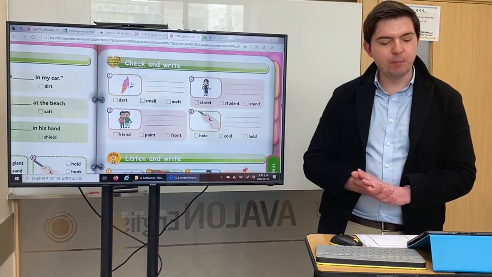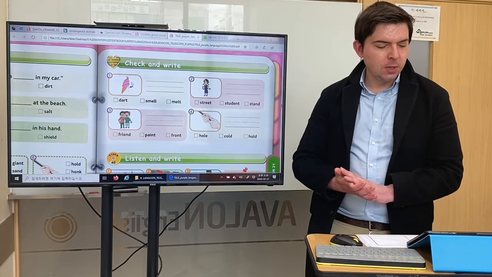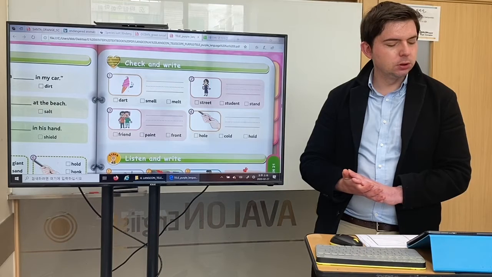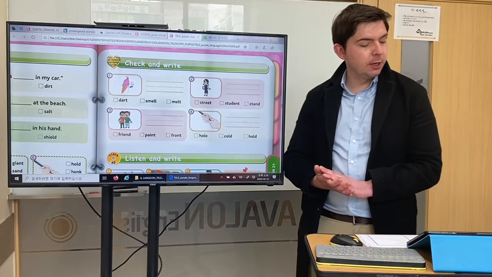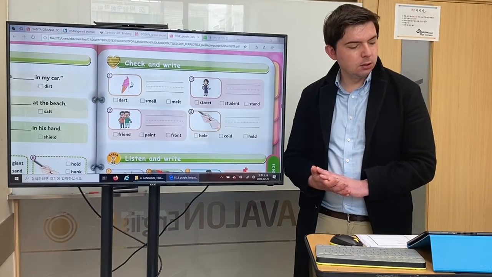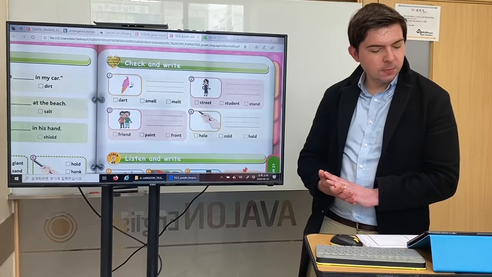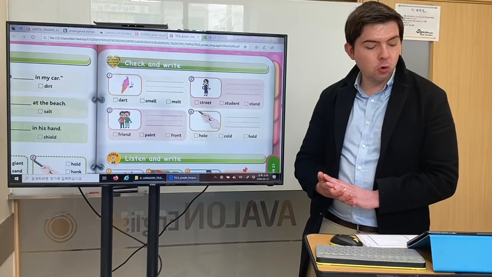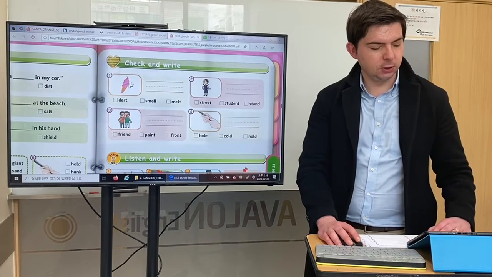Melt. Good. What about 2? Student. That's right. 3. Friend. 4. Hold. Perfect.